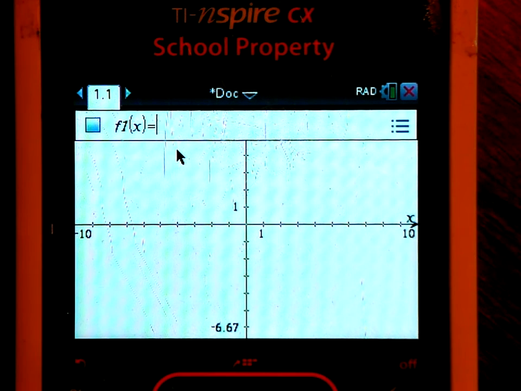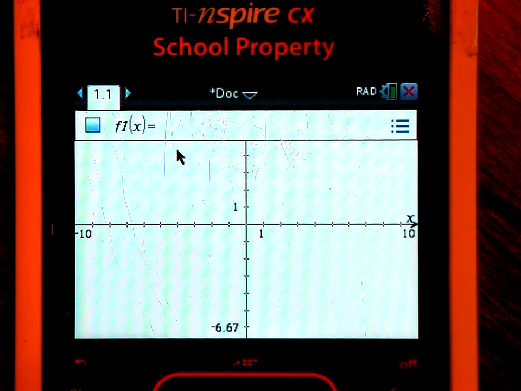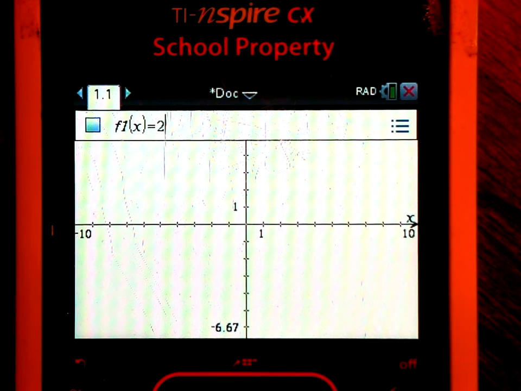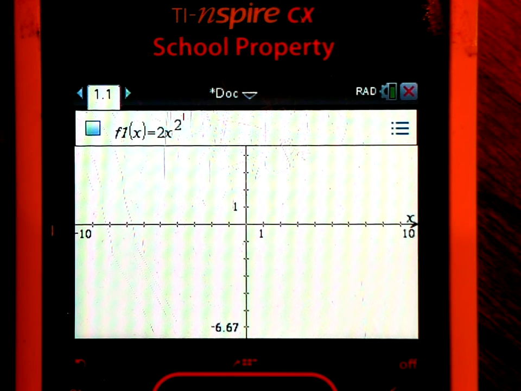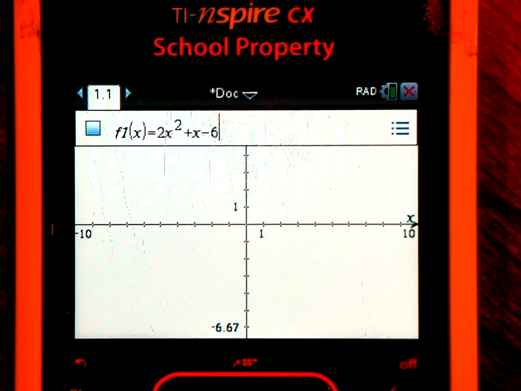Now, if you remember, our function is 2x squared plus x minus 6 equals 0. So I'm going to type in 2x and then the squared function plus x minus 6. Now, this is where you want to make sure it's a little different.